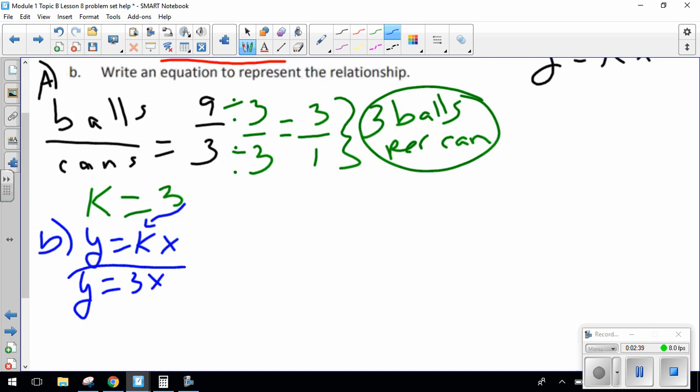And there's my equation. What that means is 1 can could hold 3 balls. So to find the total number, if I had 2 cans, it would tell me the total number of balls I'd have altogether. And to check the original problem, if I take 3 balls per can times 3 cans, that gives me 9 altogether. All right, so there's number 1.